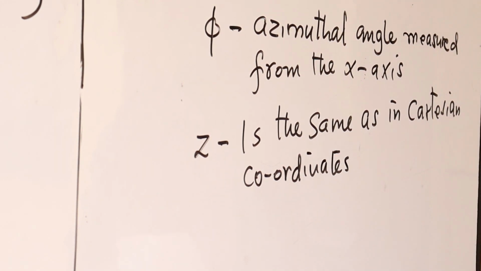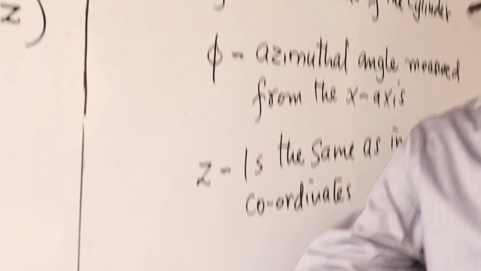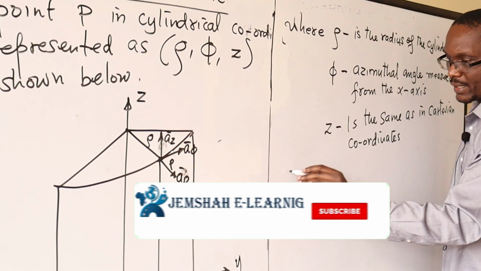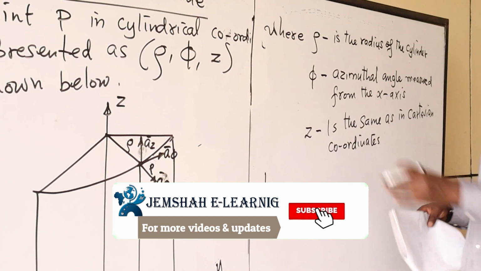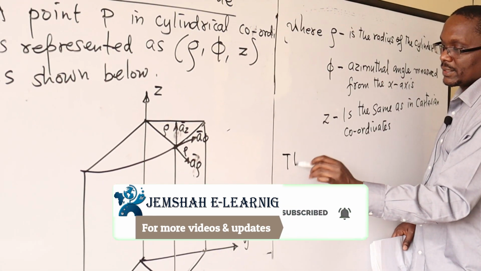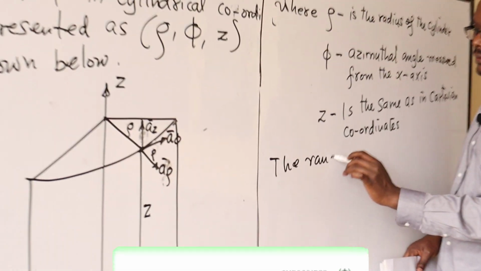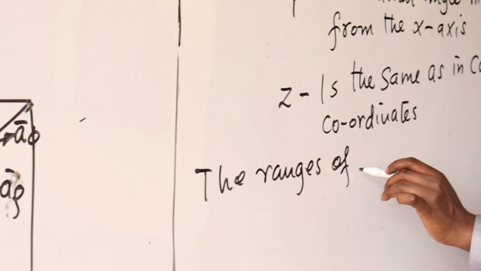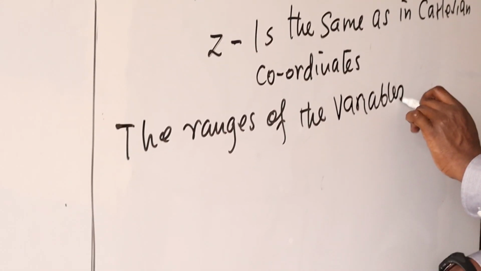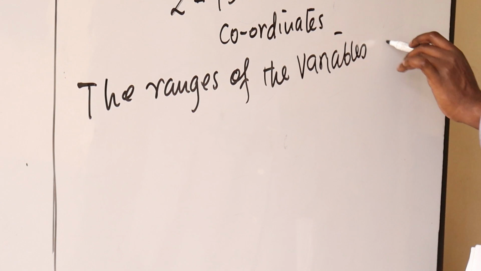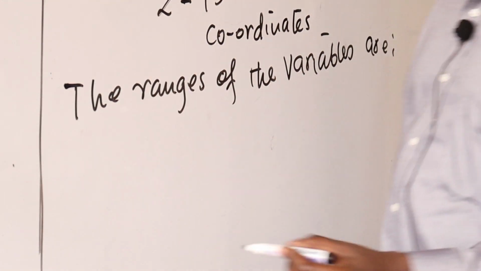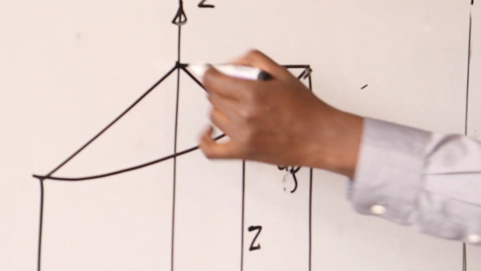When dealing with the cylindrical coordinate system, it's also very necessary that we know the ranges of values of rho, phi, and z. The ranges of the variables are as follows. Rho starts from the center going onwards.